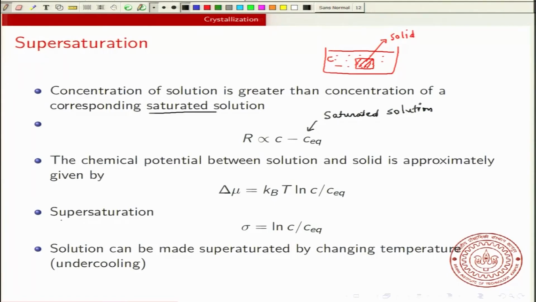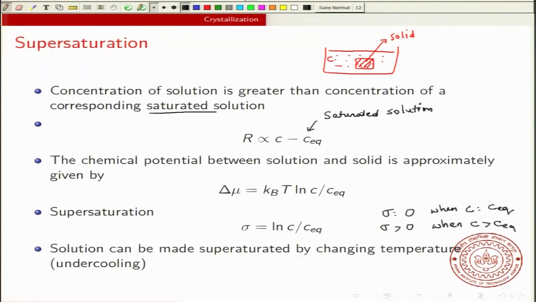And sometimes we define a quantity called supersaturation, sigma, which is this ln of C by C equilibrium. Sigma is equal to 0 when C is equal to C equilibrium, that is, when the concentration is equal to that of the saturated solution, and sigma is greater than 0 when the concentration is greater than that of the saturated solution.